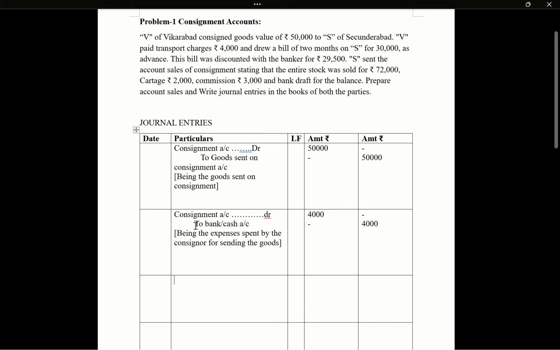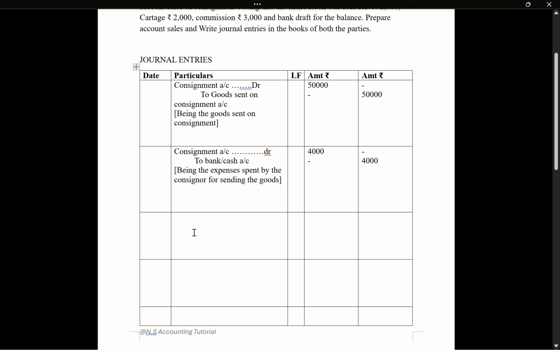Next we have advance received from the consignee. Here consignor drew a bill of 2 months on S. S here means consignee, for rupees 30,000. We have to write here bills receivable or cash or bank account debit to consignee account.